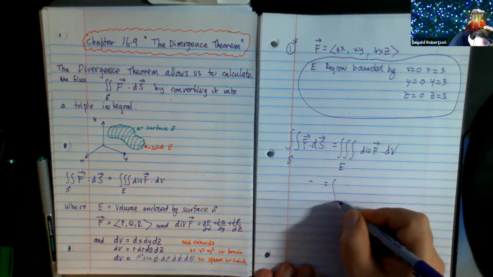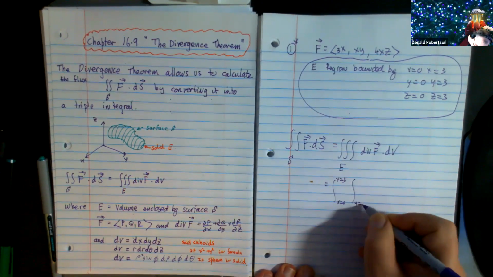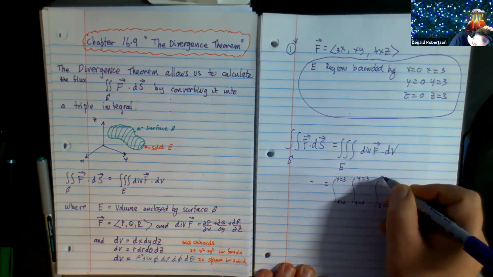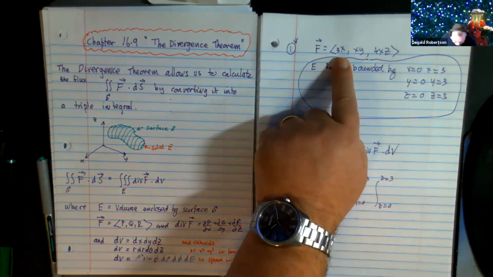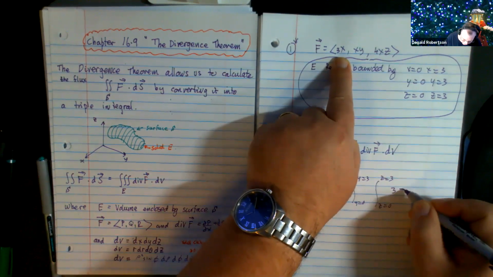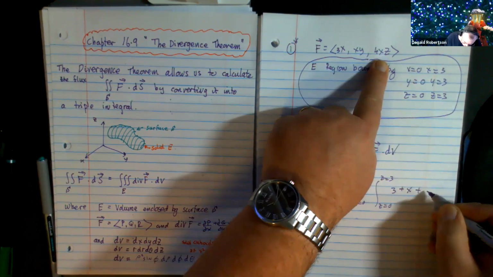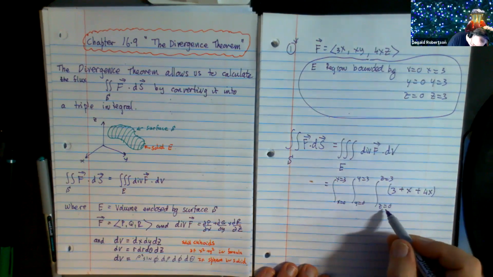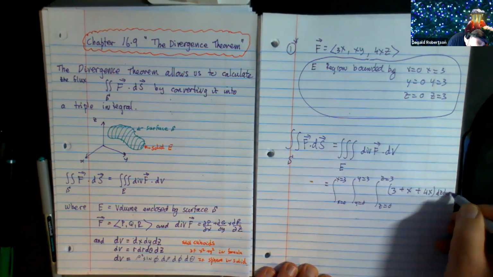Well, in this case, x is going to go from 0 to 3, y is going to go from 0 to 3, z is going to go from 0 to 3. The divergence, remember, is this guy with respect to x plus this guy with respect to y plus this guy with respect to z. And since I'm doing this z, y, x, I guess I should do my order z, y, x.